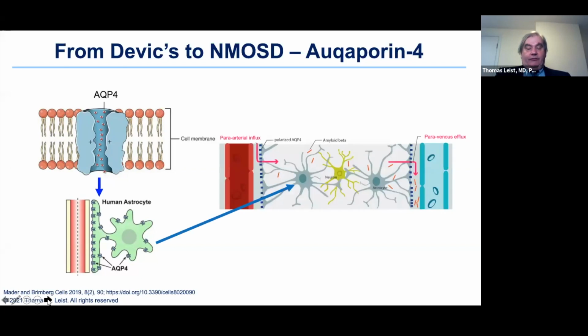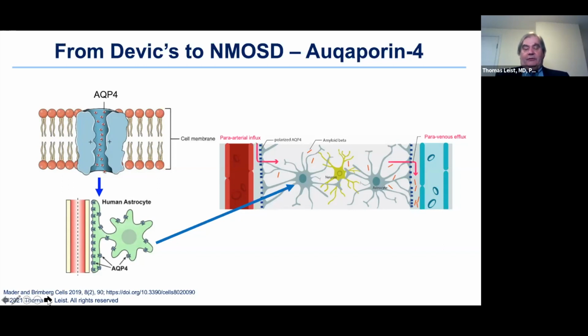And if we then see how this is in the brain, you see here the astrocyte that hugs the blood vessel, reaches out to the nerve cells to give them sustenance, and then also takes away debris and used spent waste materials from the nerve cells.